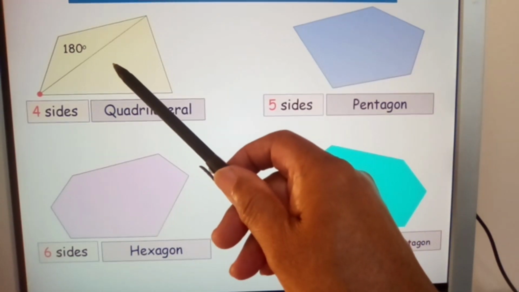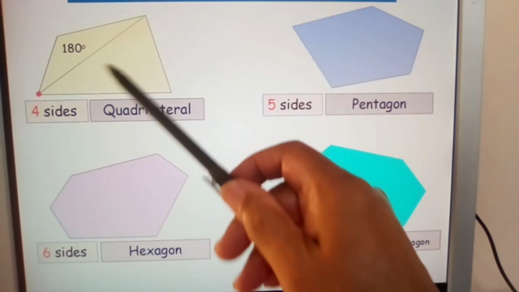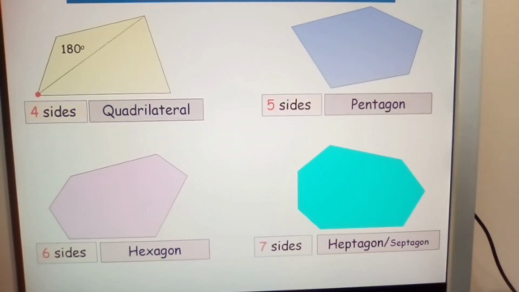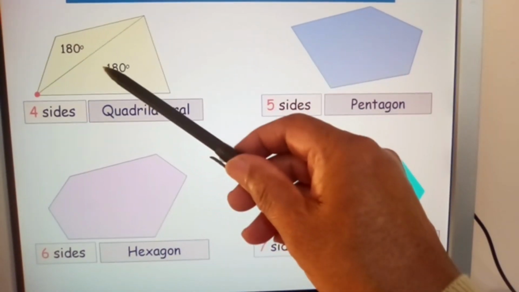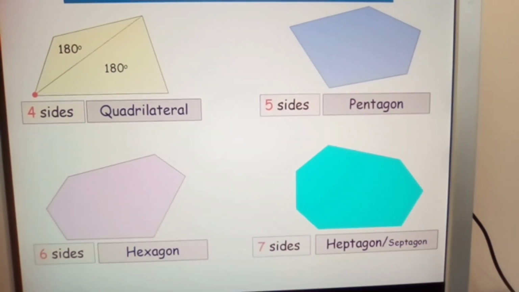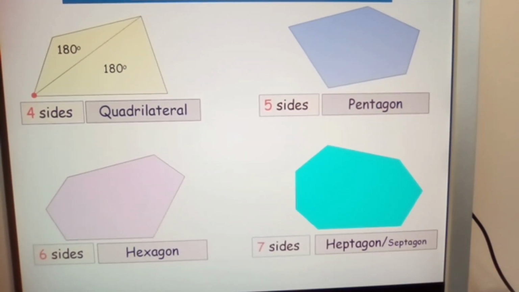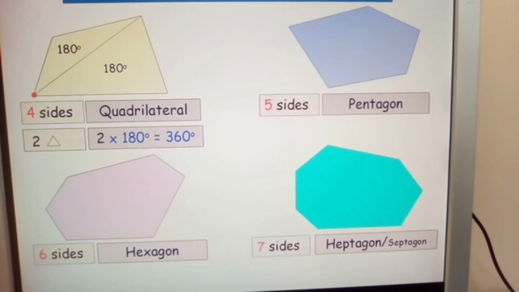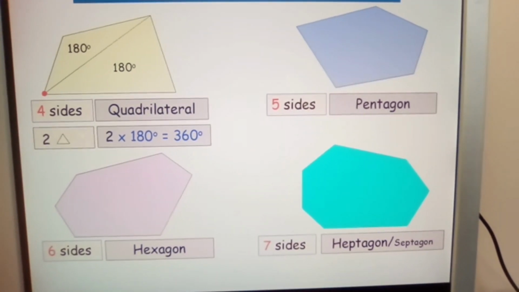This triangle is going to be what? What must it be? It's going to be 180. And therefore we have 2 180 degree triangles in that quadrilateral, and that equals 360 degrees.